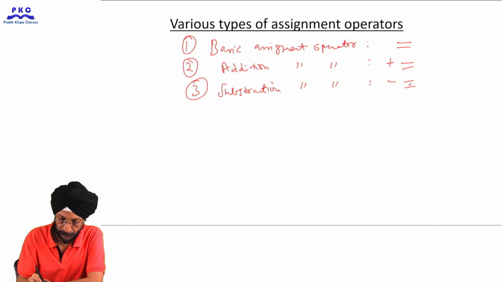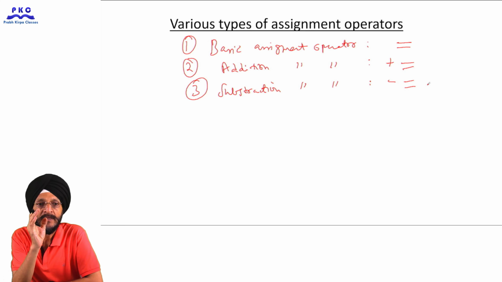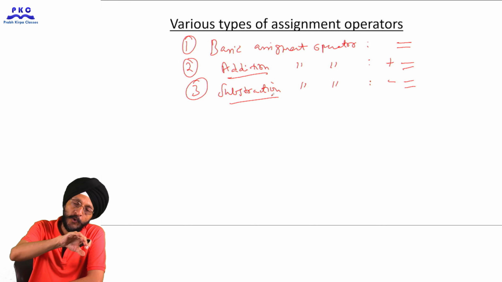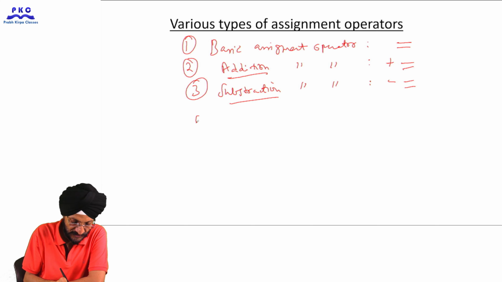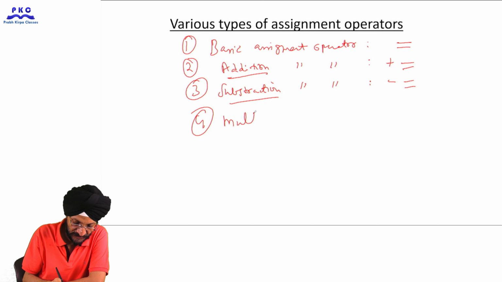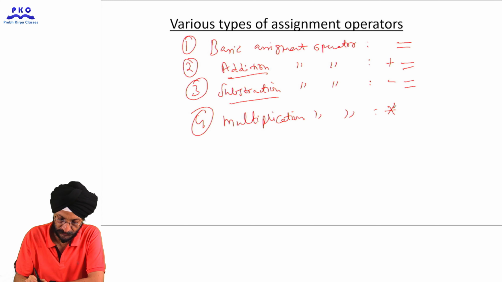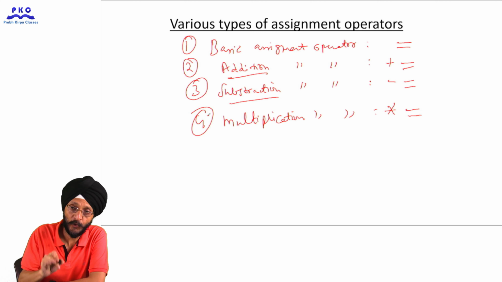Here we are using plus is equal to, minus is equal to, that is, addition and subtraction symbols are used before is equal to. Next is multiplication assignment operator. Here we are using the star or asterisk symbol before is equal to.